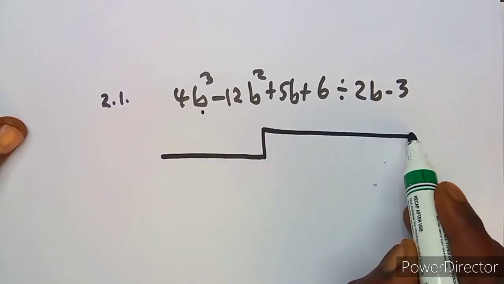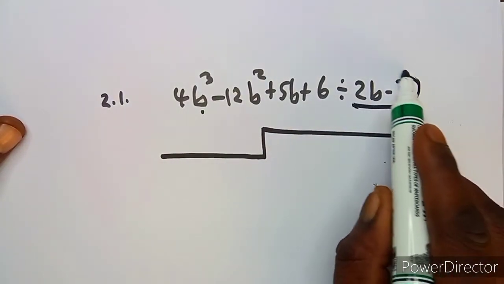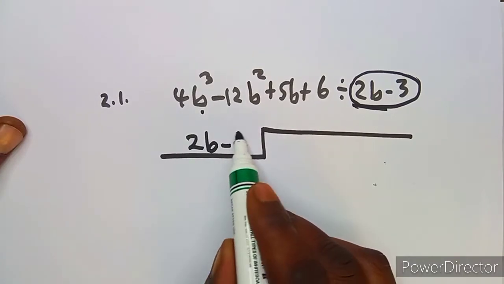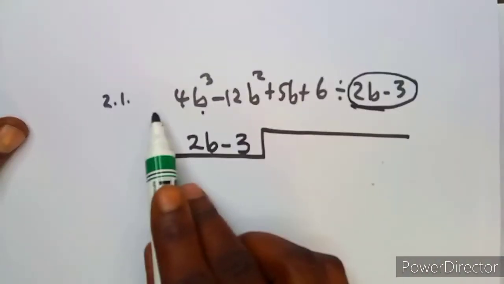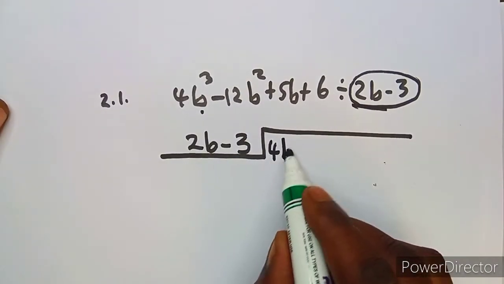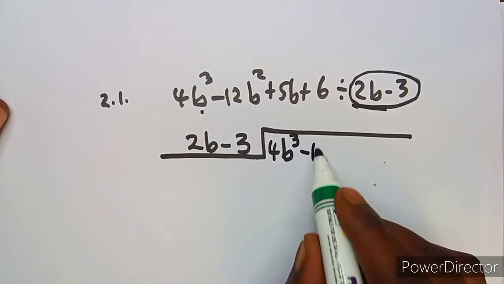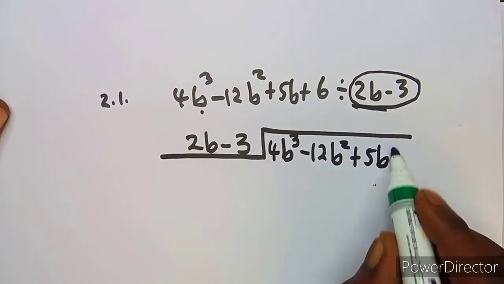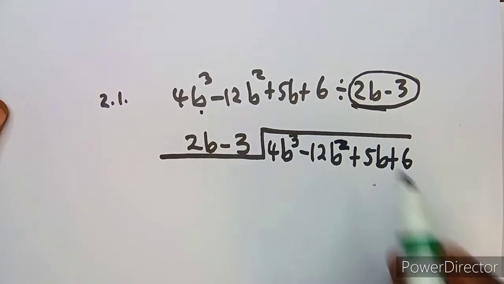You are dividing by 2b minus 3, which is this part that is dividing everything. So you're going to have 4b to the exponent of 3 minus 12b to the exponent of 2 plus 5b plus 6. Okay, so let's apply the long division.